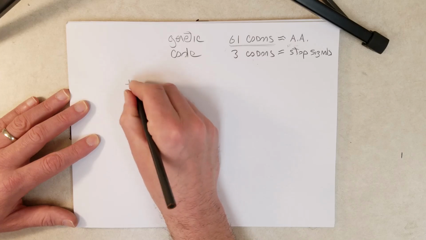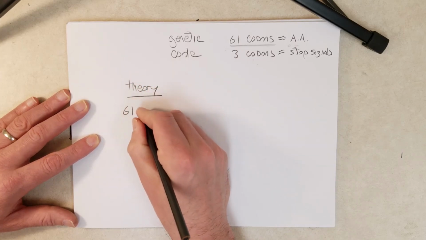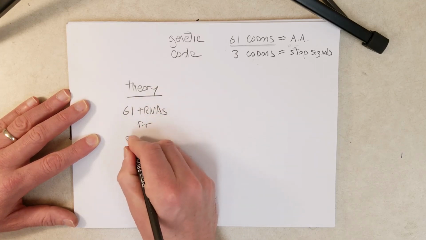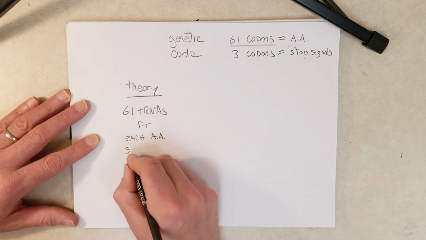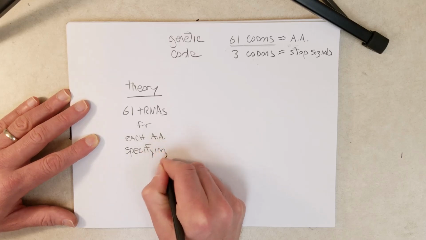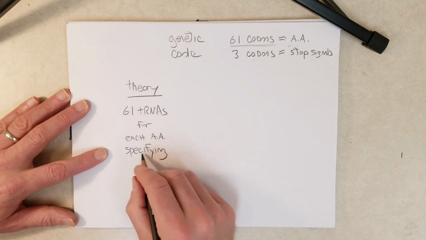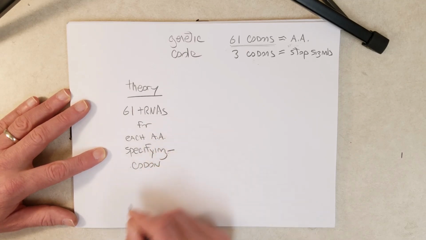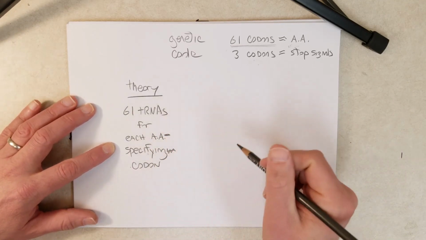So in theory, cells should have 61 tRNAs, one for each amino acid-specifying codon.